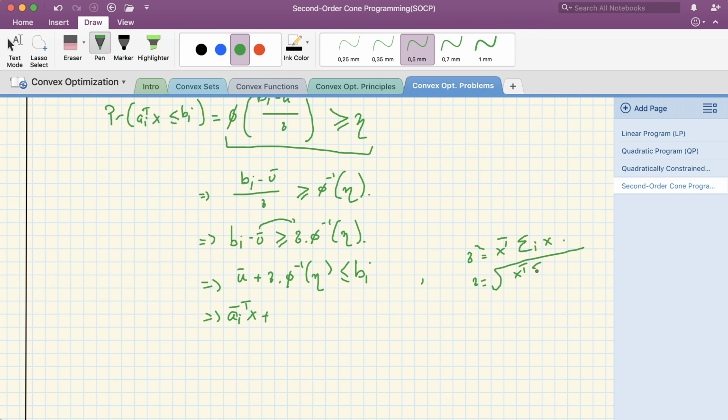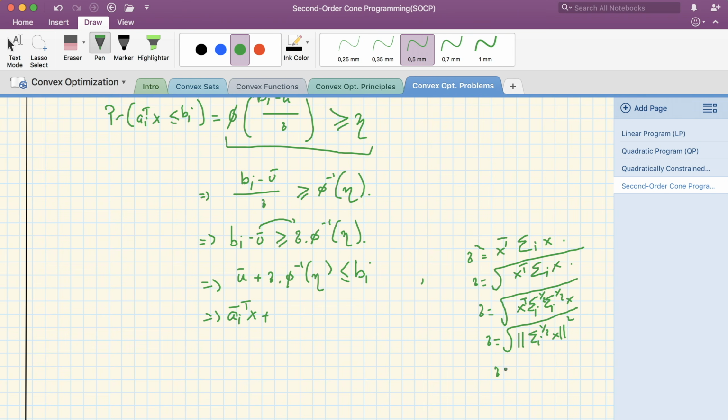That being said, sigma will be the square root of this, so square root of x transpose sigma_i x. We're going to replace this here. You could also write it as x transpose sigma_i half, sigma_i half x, the norm of sigma_i half x squared.